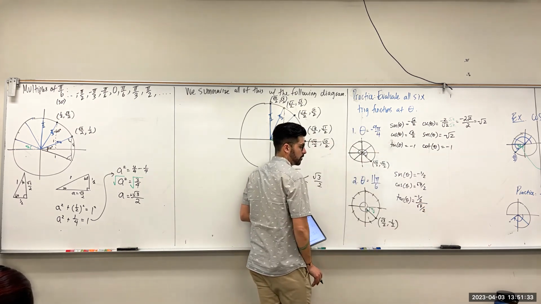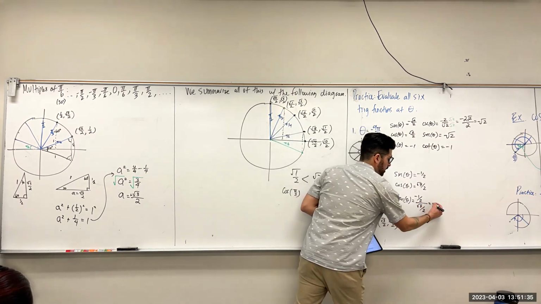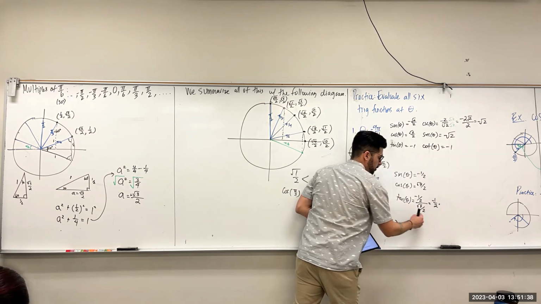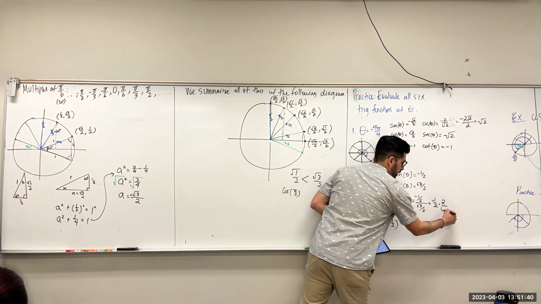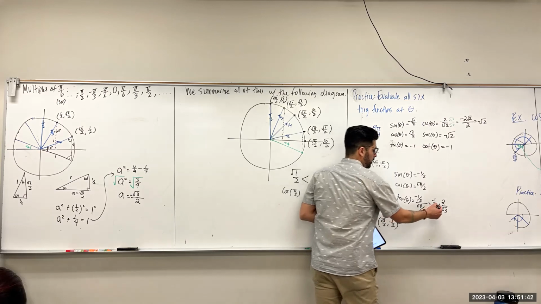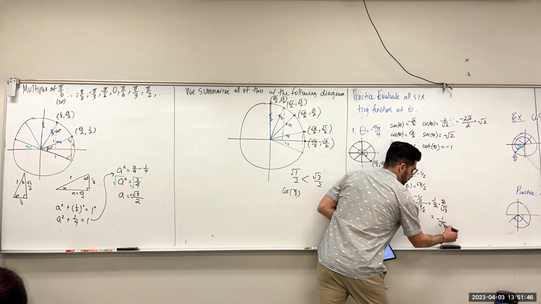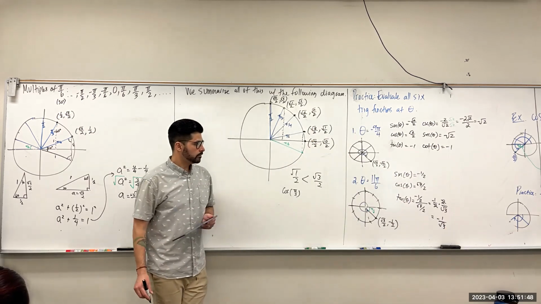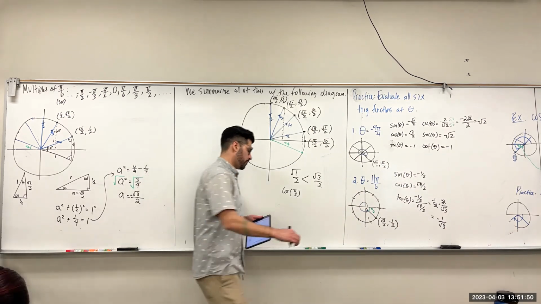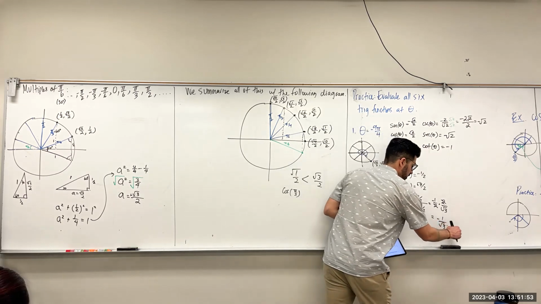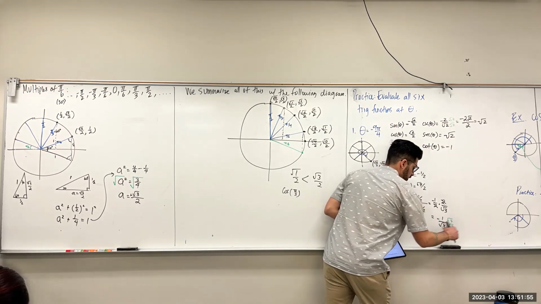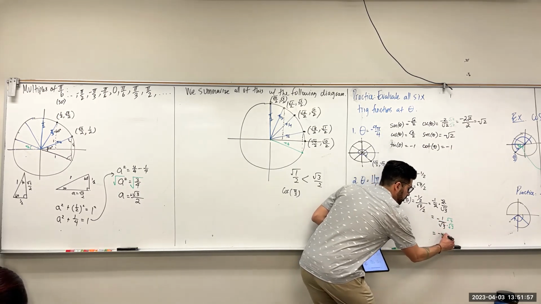So what did you guys really do? You multiply it by the reciprocal, which is 2 over √3. The 2's cancel. So you ended up with -1 over √3. And then you got to rationalize. So that becomes -√3/3.